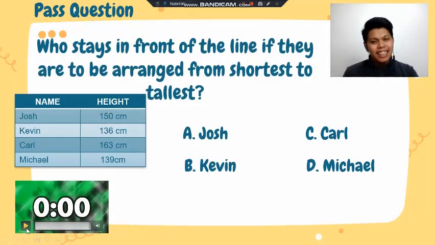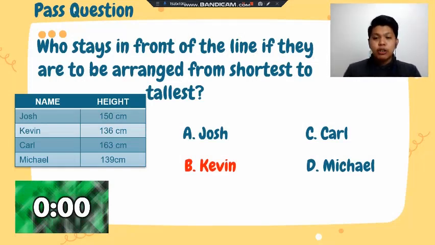Time's up. Let's check your answers. The correct answer is Kevin. Remember, from shortest to tallest. So the shortest person who will be staying in front of the line is Kevin because he has 136 centimeters as a height.